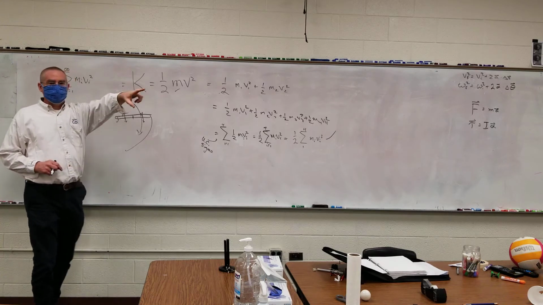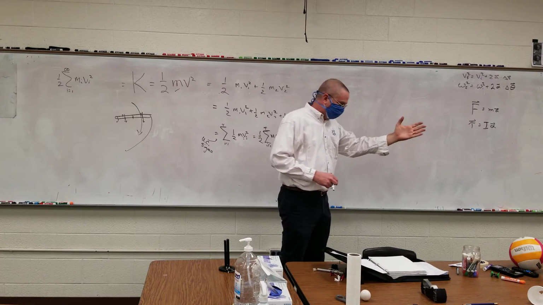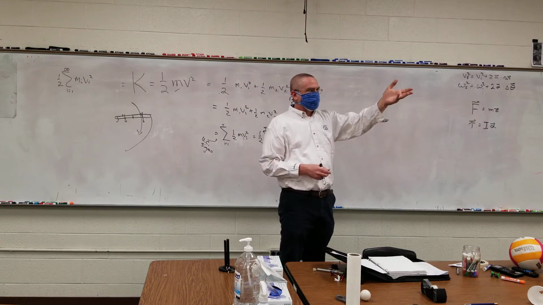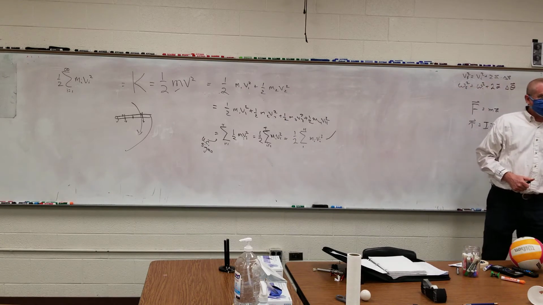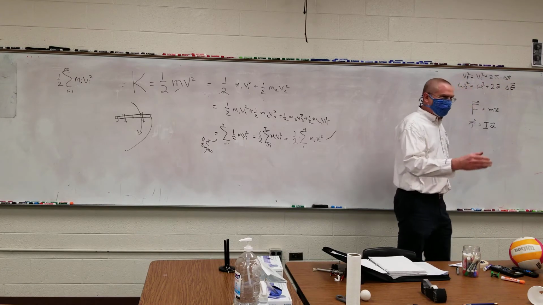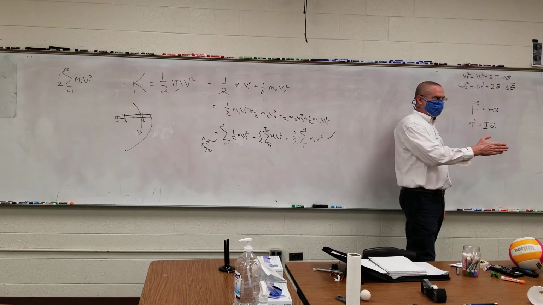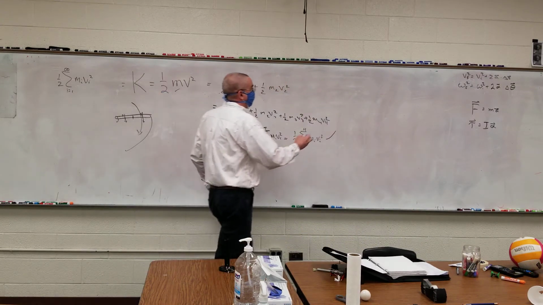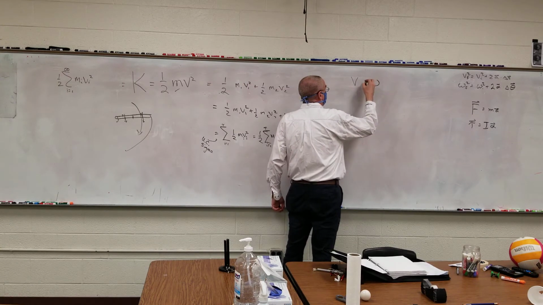Now, there is one thing in common for a rigid object. This is known as a rigid object because as you close the door, the whole door moves together. It's not like part of it moves and the rest of it catches up later. There is one thing in common to every part of that door. It all rotates with the same angular speed. Not the same linear speed, but the same angular speed. And we have done this before. What is the relationship between linear speed and angular speed?